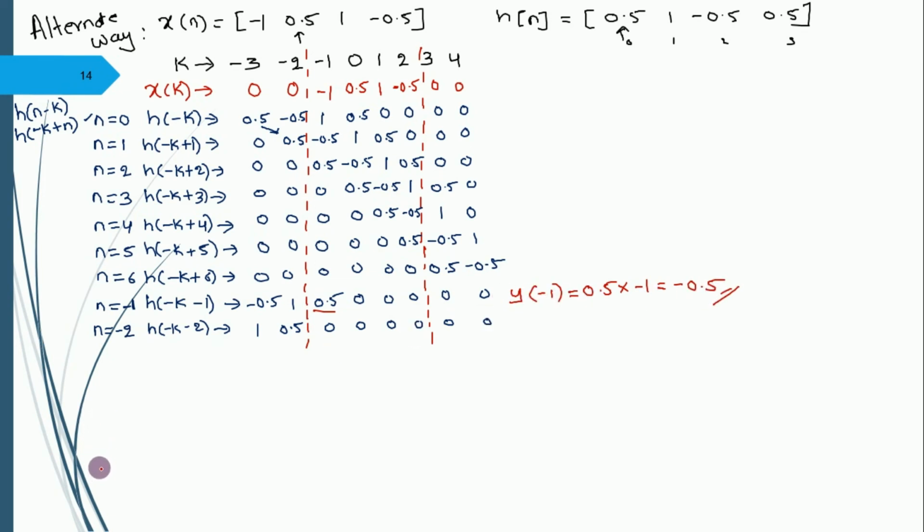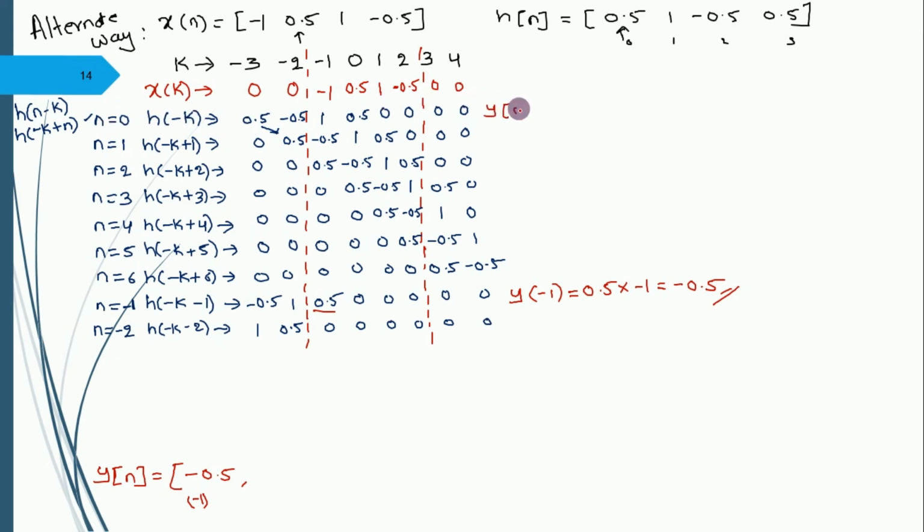So let me write y of n values here. This is minus 0.5 for n is equal to minus 1. I'll shortly write it here. Okay, so comma. Now I start with y of 0.